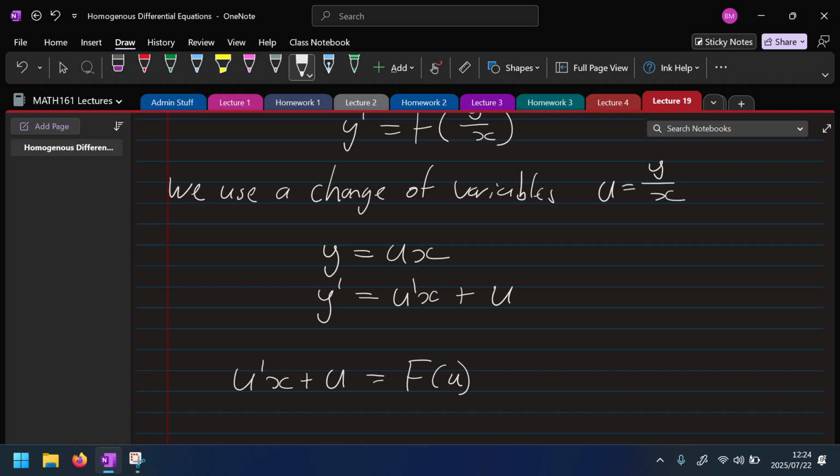Now, after this change of variables, the hope is that this new differential equation is easier than the original one. Sometimes that's not the case, but we hope that this new one is at least easier than the old one.